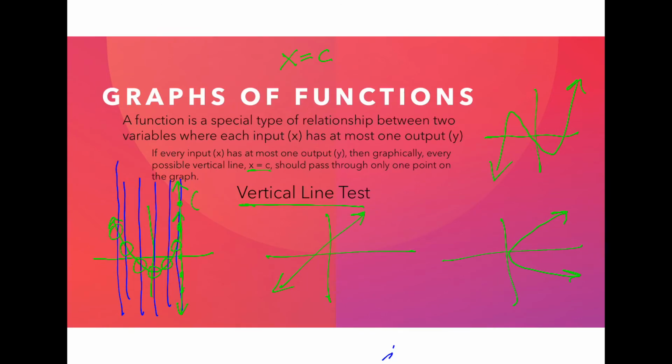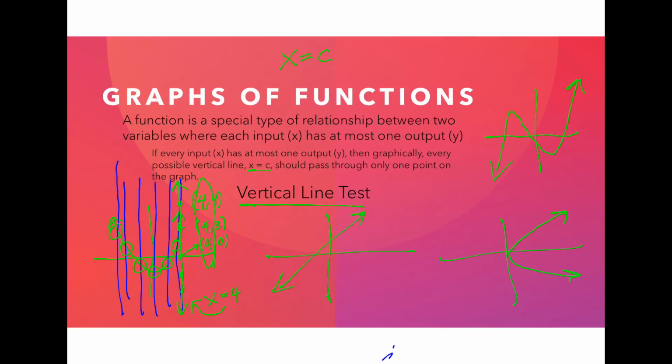So maybe this is 4, 4. And maybe this right here is 4, 3. And this one is 4, 0. But notice that all the x's are the same number, 4. So x equal to 4 would give us this vertical line.